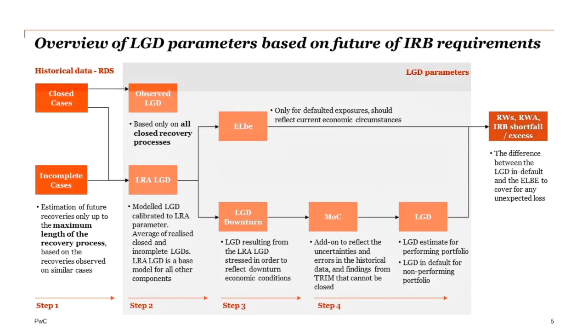Estimation for the incomplete cases is also required, simply because we need to forecast the expected loss on incomplete cases to figure out what the future recoveries are going to be, and that will obviously depend on the maximum length of the recovery process.